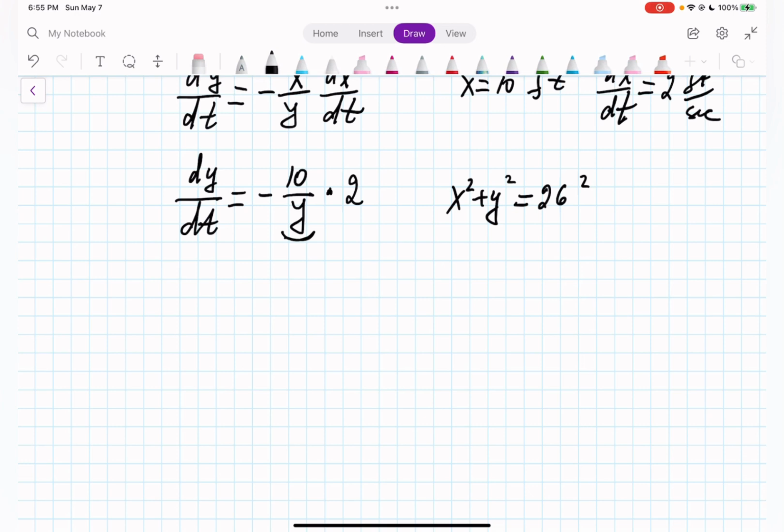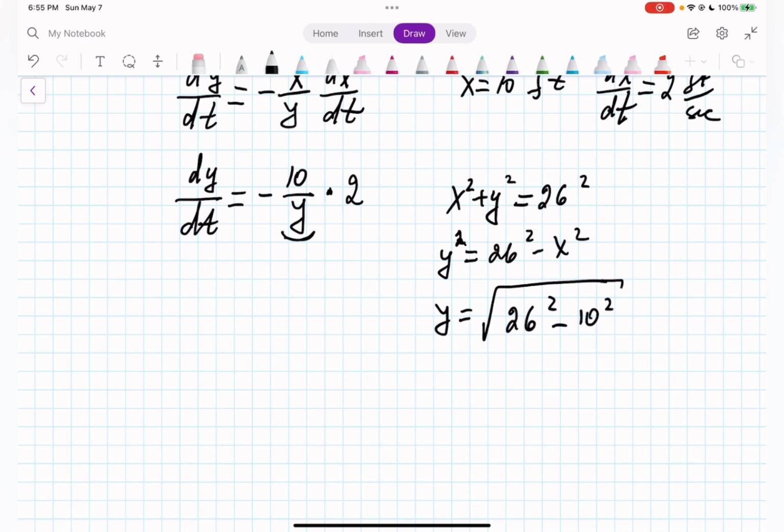So y squared is equal to 26 squared minus x squared, and y is equal to the square root of 26 squared minus 10 squared. 26 squared was 676, minus 10 squared is 100.